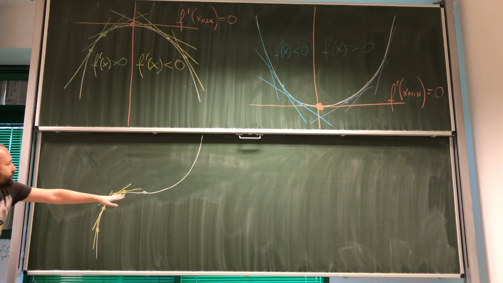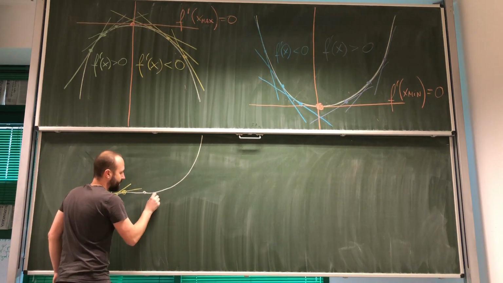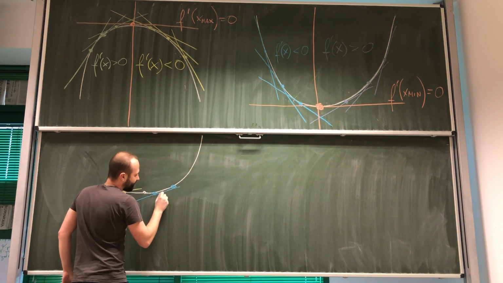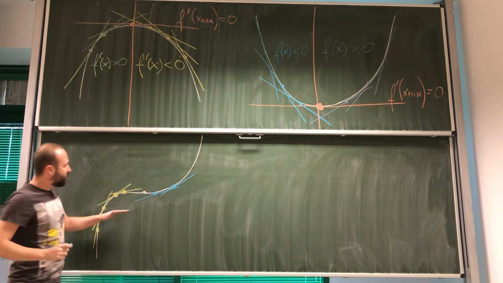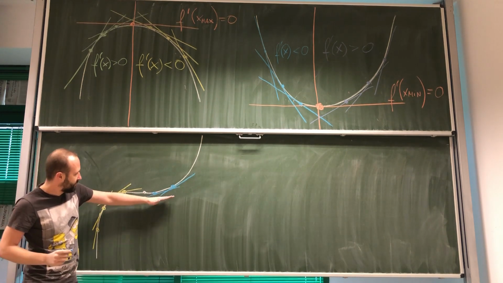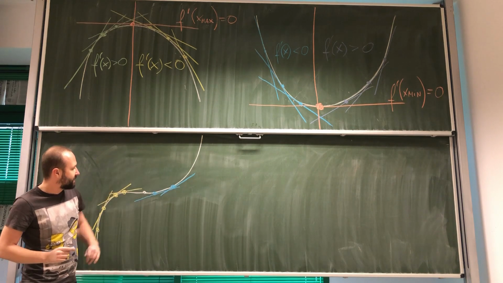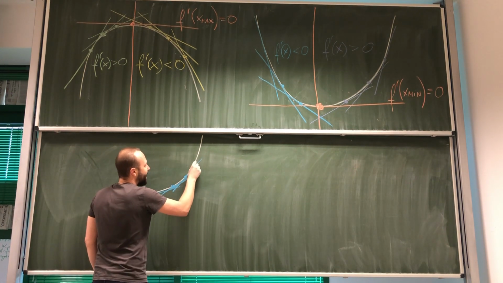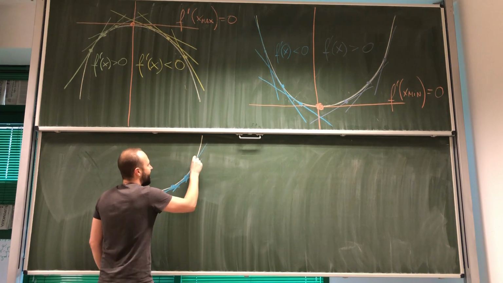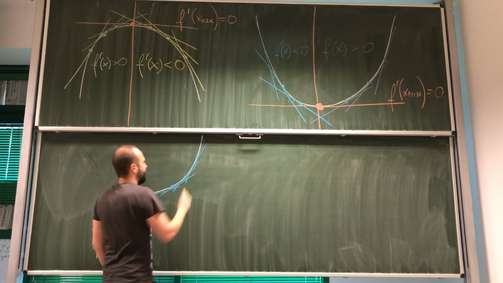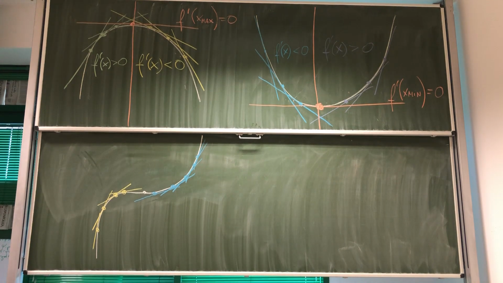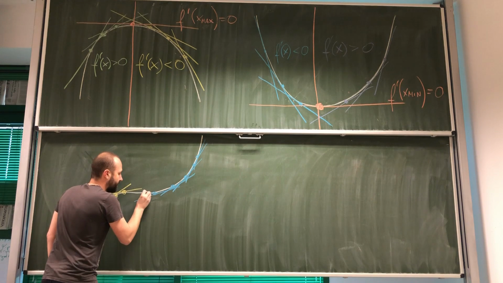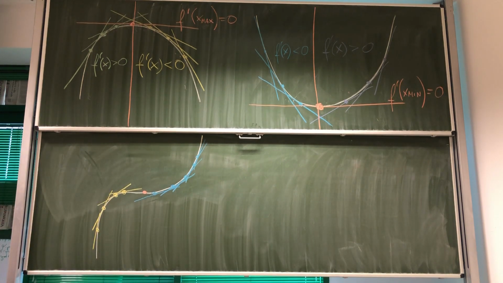And look, if I'm going to move away from this point, then the tangent line is going to be still positive, but now it's getting higher and higher. So, what should be the slope at this point?